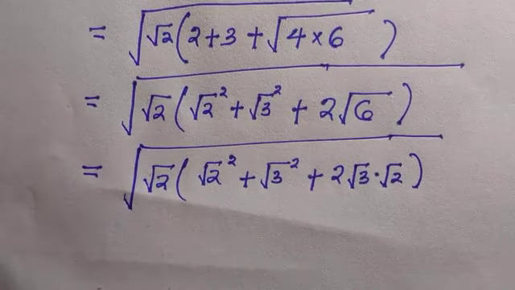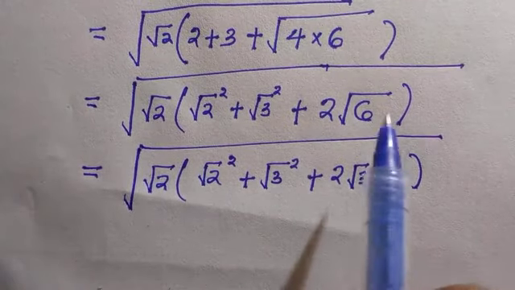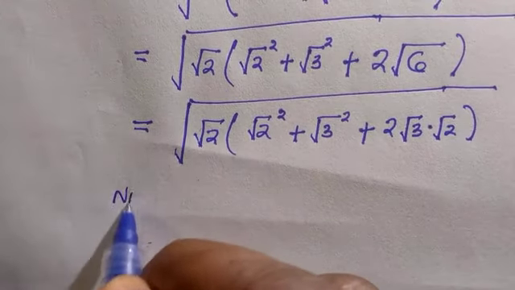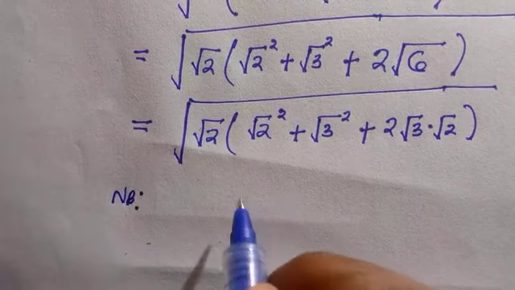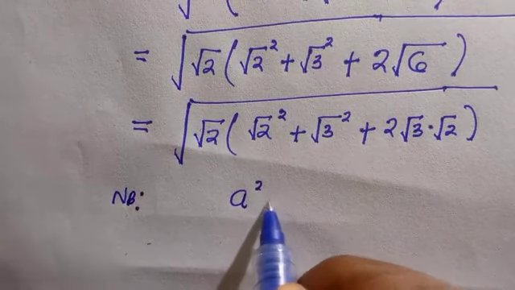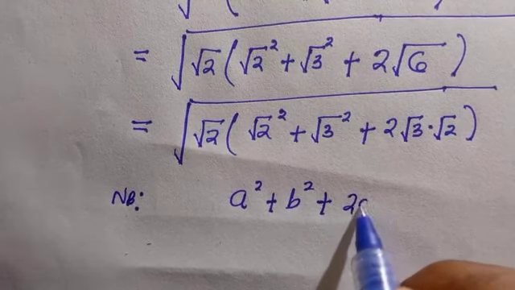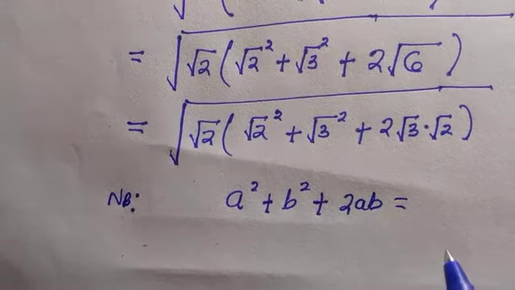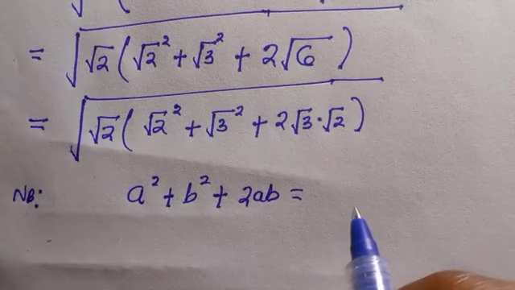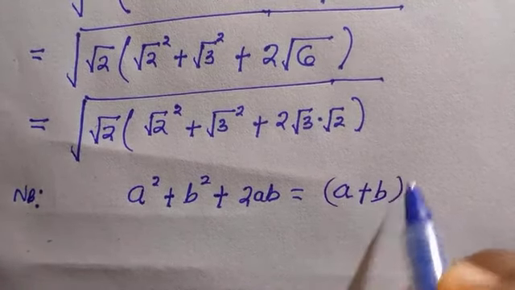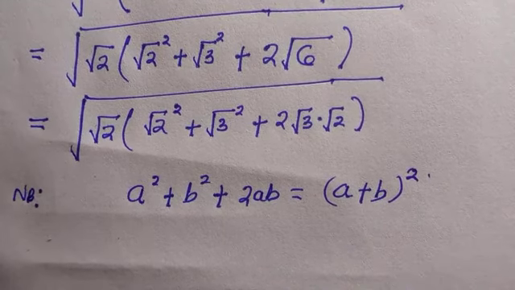Then we have this, because root 3 times root 2 is still root 6, following the rule of surds. And we should know that if I compare it with a squared plus b squared plus 2ab, we are going to have it as the sum of a plus b all raised to the power of 2. So that is what it gives.